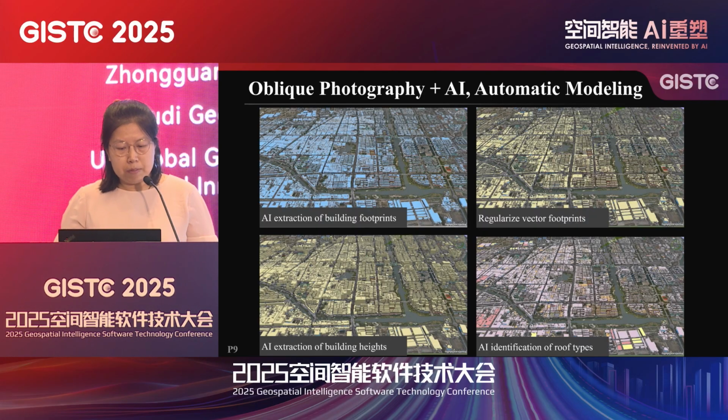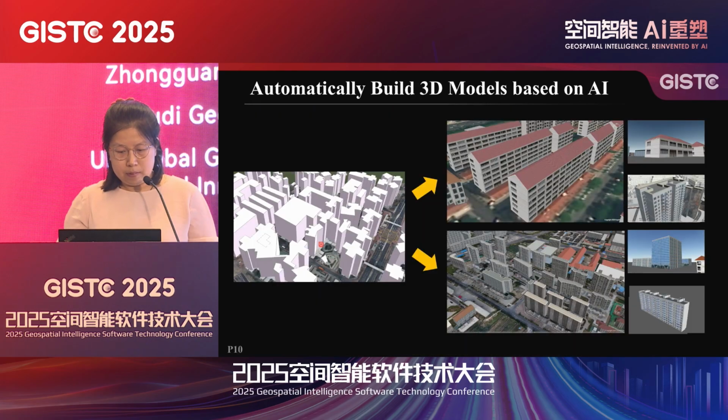Besides importing model data, SuperMap also can create models automatically using oblique photos and AI techniques like classification and detection. It identifies building areas and roof types. It can then regularize building shapes and extract building heights automatically.